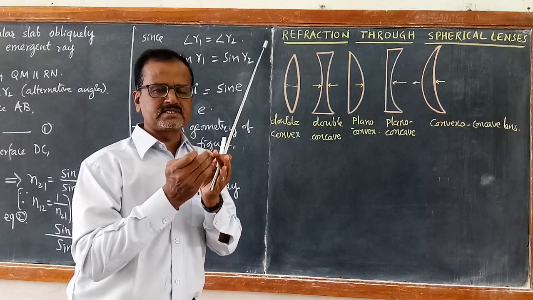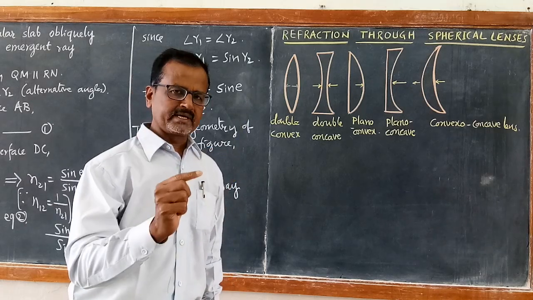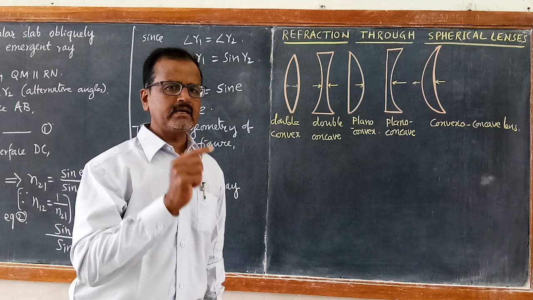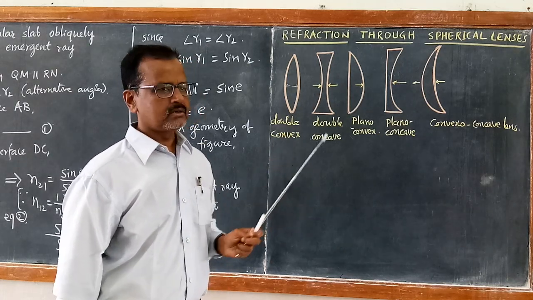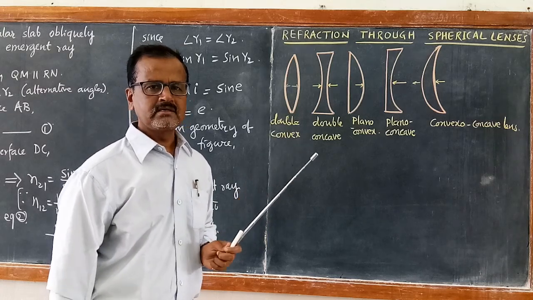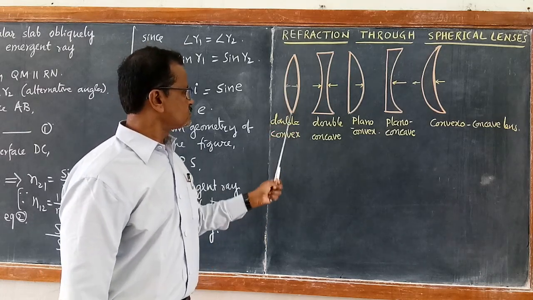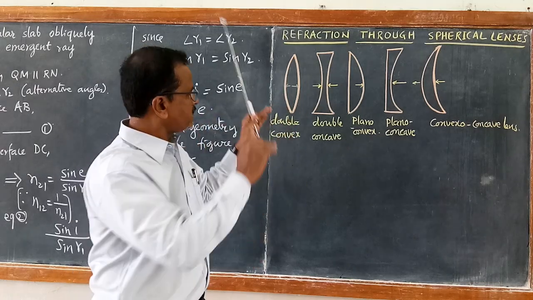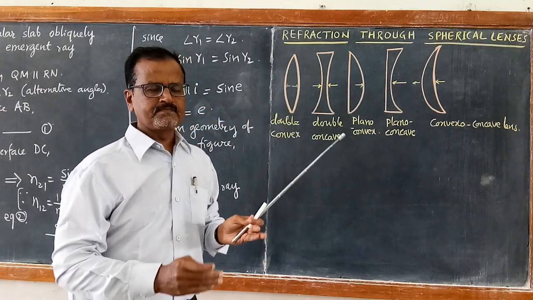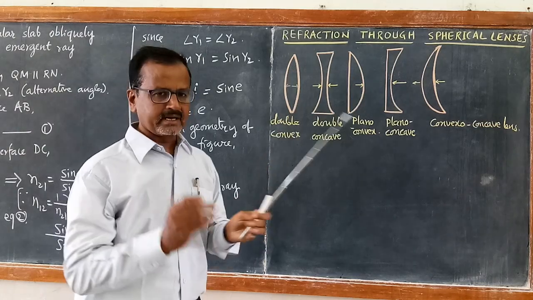Why is it called a spherical lens? Because the surfaces which are bounding it are spherical. So these are parts of spherical surfaces.